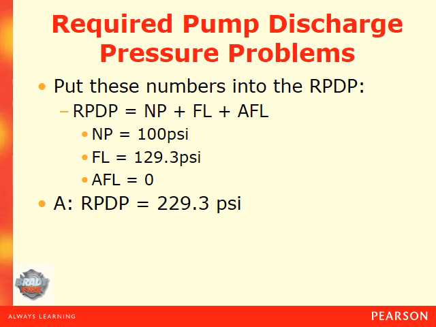Remember to figure our friction loss, it's our coefficient times gallons per minute, of course divided by 100 and then squared, times length of hose divided by 100. And then you get that for the attack line and then the friction loss for the supply line. We add those together. You should get 129.3. And then, of course, we add that to our nozzle pressure, which gives us, again, our required pump discharge pressure.